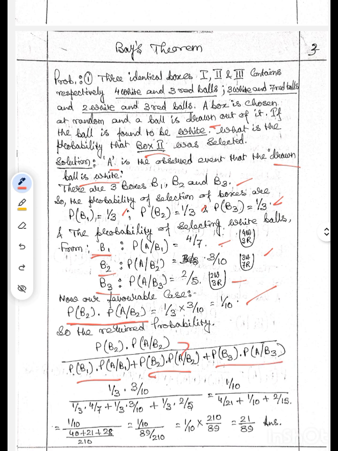Okay, therefore putting the values for all three alternate cases, probability of box along with probability of white ball, we get the value 21/89. This is the answer. Okay, please check the calculation.